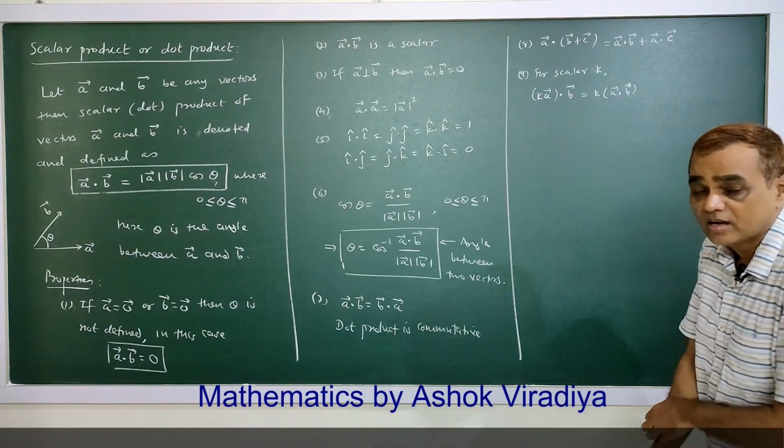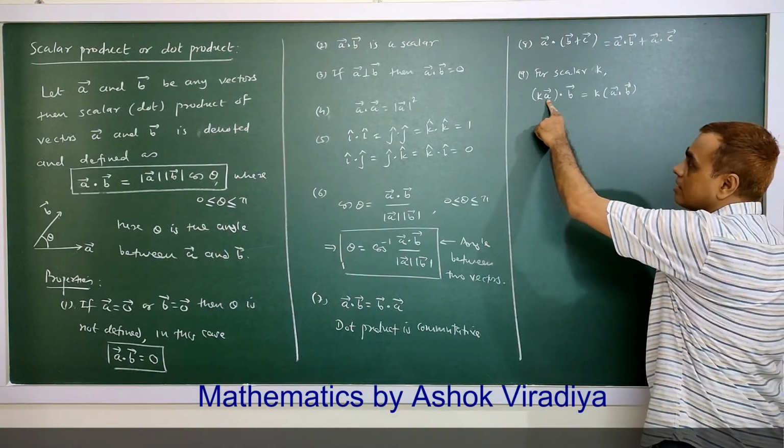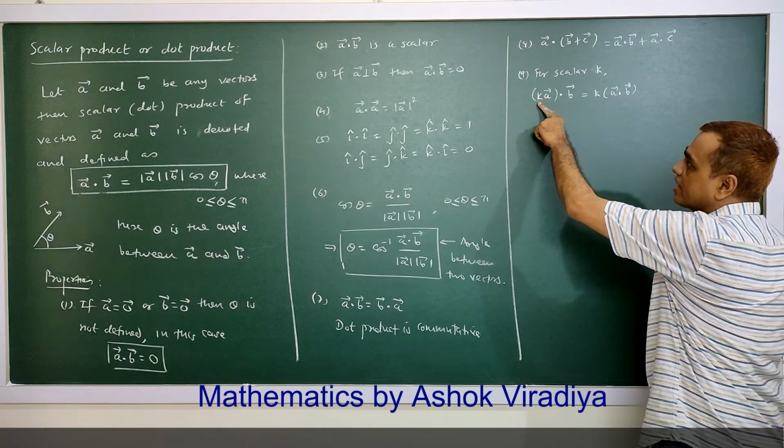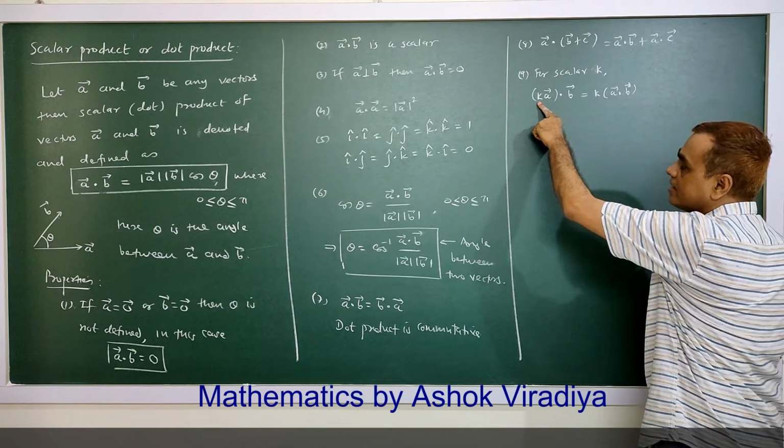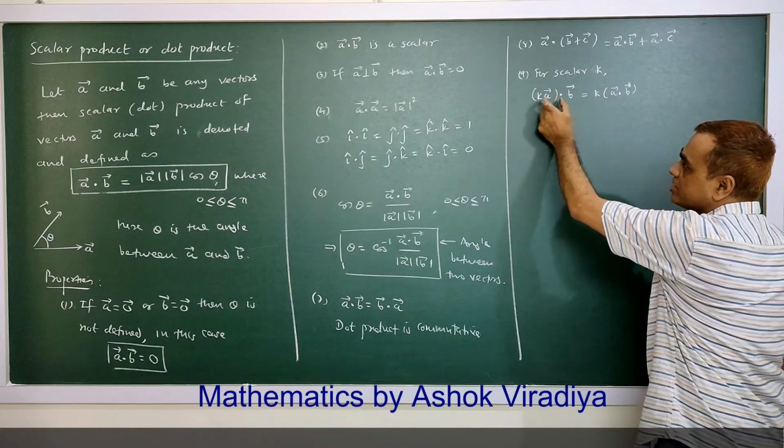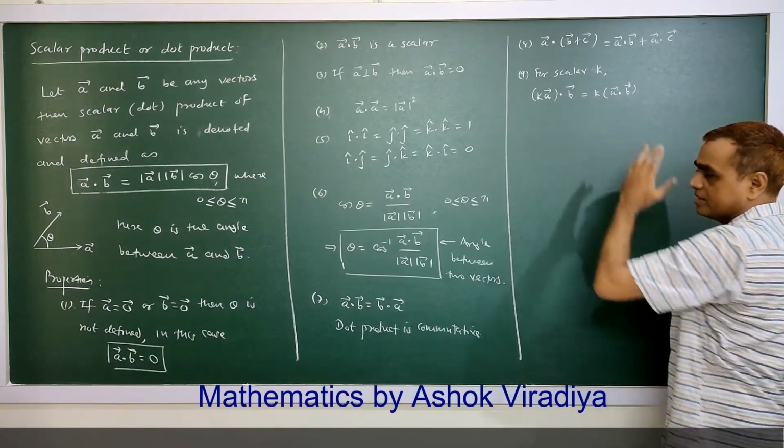That means you get a vector after multiplying it by some scalar k, and then take the dot product of this new vector with vector b.